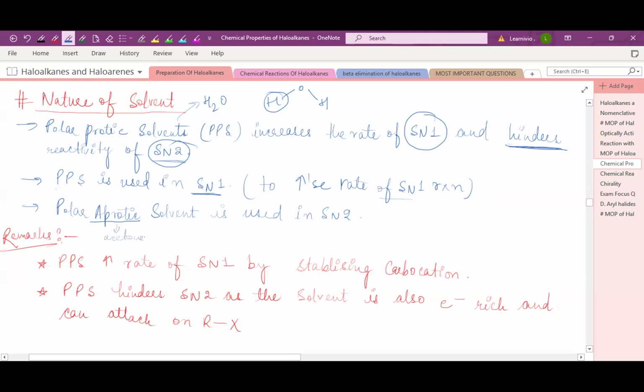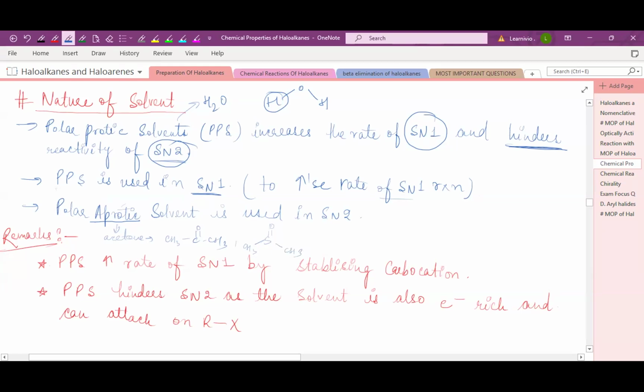Acetone is CH3COCH3. In acetone, it's an aprotic solvent. DMSO, right? Its structure is S O CH3, CH3. So these are some polar aprotic solvents.